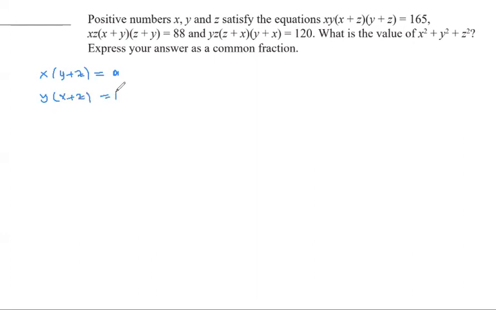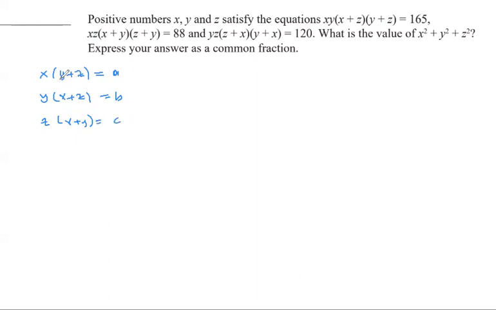I'm going to call this b. And if I look at the second equation, we have x, and I took the y, z with x already, so z is left. So z times x plus y is going to be equal to c.